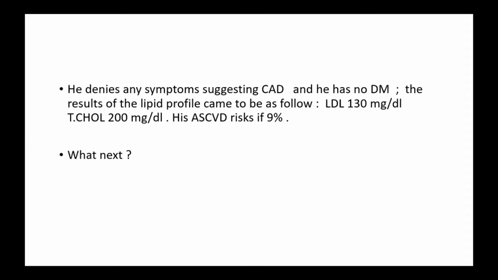Those who already have established coronary artery disease or atherosclerotic disease, this algorithm doesn't apply to them. Another group is those who are diabetic. That's why I stressed here that he has no diabetes, because their way of approaching is different.